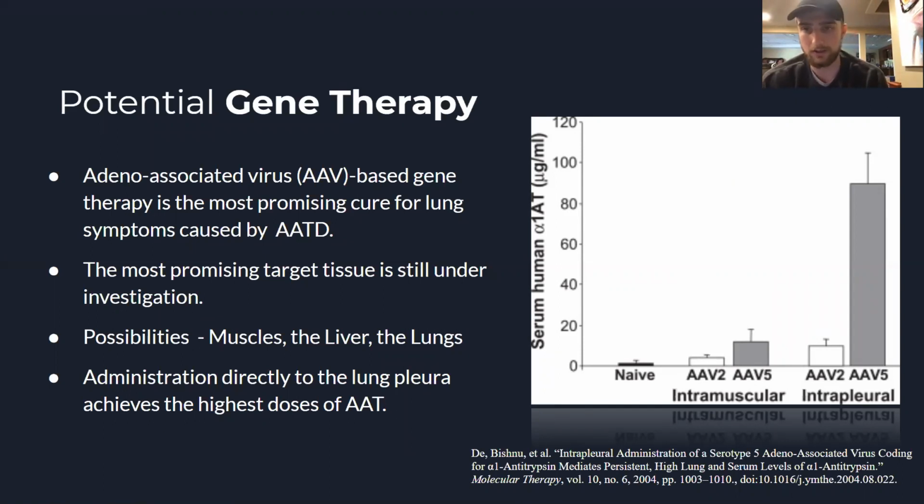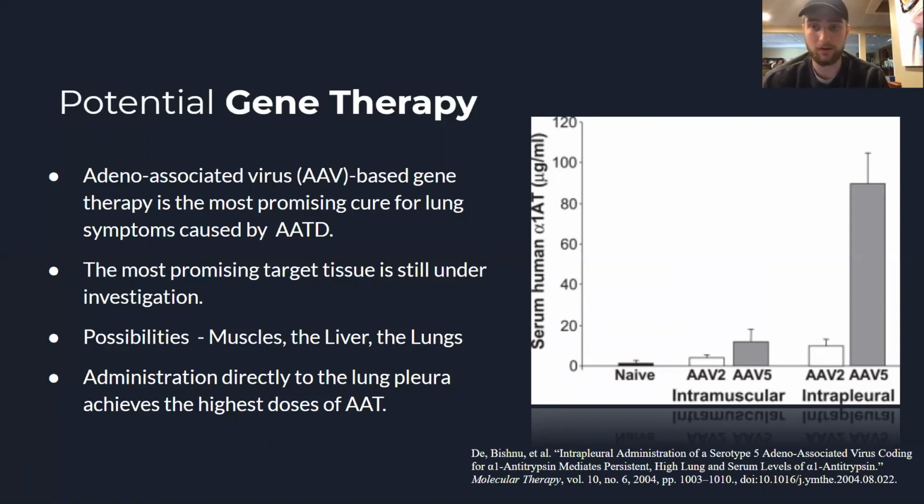The best target tissue for AAV treatment is still under investigation, since the efficiency depends on the type of receptors located on the cells. There are 3 possible tissues for AAV vector infusion, and these are the muscles, the liver, and the lungs. Since the lung is only 2% of the body weight, delivery of an AAV vector to the muscle or liver is inefficient, and most of the alpha-1 antitrypsin does not reach the lung.